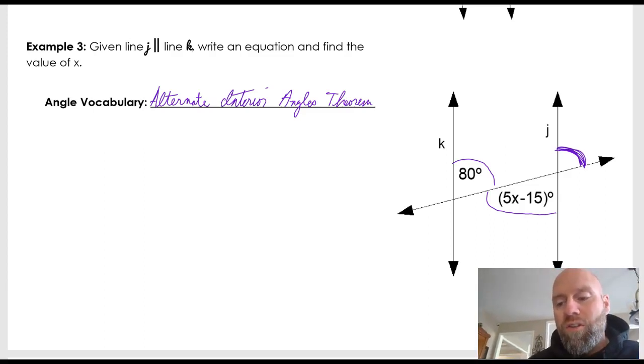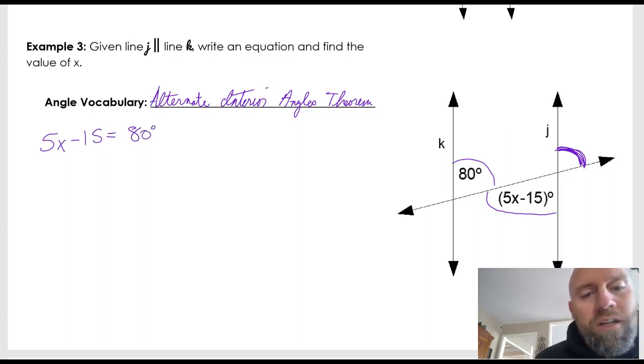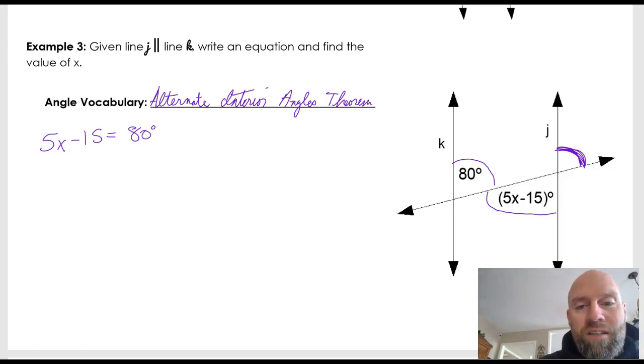Okay, so those two angles would in fact be congruent. So we can say that 5x minus 15 would be equal to 80 degrees. And so that's what it says when it says write an equation. It just simply wants you to say that 5x minus 15 is equal to 80 degrees.